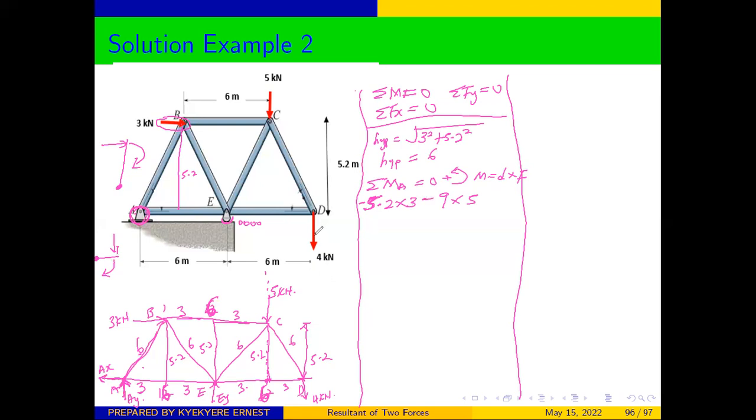So we pick our 4, it's also coming down. It's a vertical force, therefore the perpendicular distance will be from this point to that point, and that will be 12, which is 3 plus 3 plus 3 plus 3. So we have 12 times 4. Would that be clockwise or anti-clockwise? It is coming down. From the principle of transmissibility, this can be indicated as this, and this is where we are taking a moment.